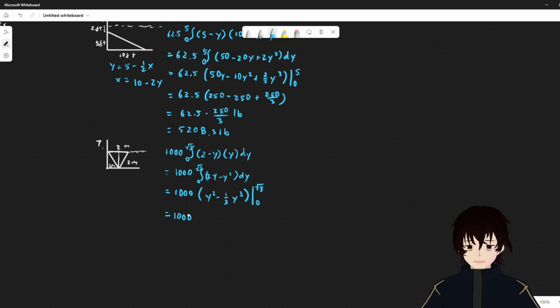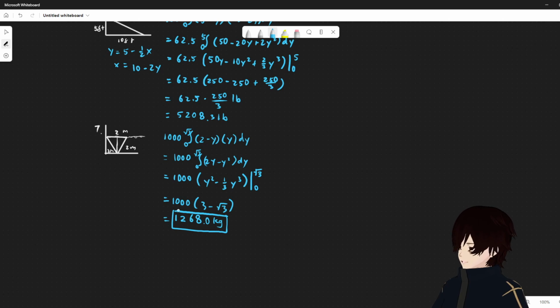We get 1,000 times, plug in 0, get nothing. We get 3 minus root 3. Do I need to calculate that? Not gonna do that by hand. I don't like square roots. 3 minus root 3. This is 1,268 kilogram. That is going to be the force on our plate over here.